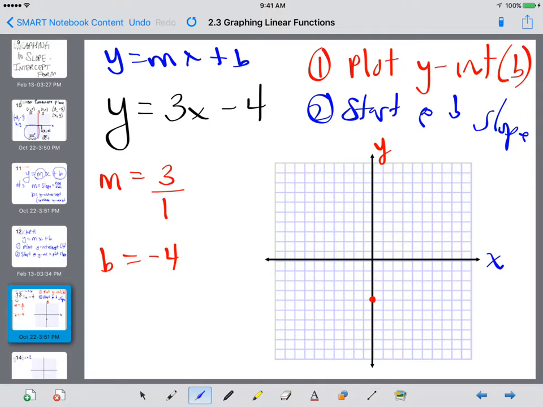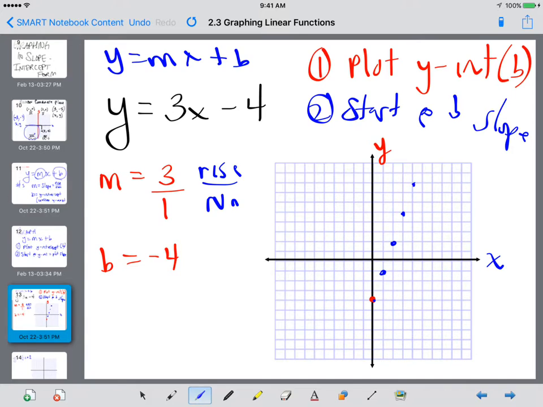So my slope is 3 over 1, so I start right here at the y-axis and I count. Remember, the slope is a rise over run. So I need a positive slope of up 3 and over 1. And I continue to repeat it, up 3 over 1, all the way through.